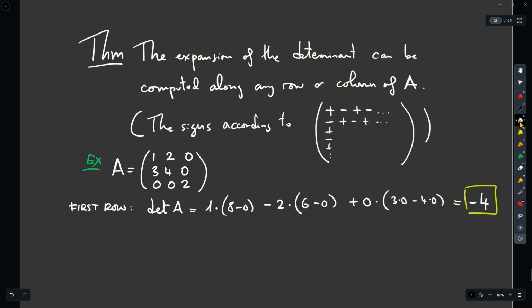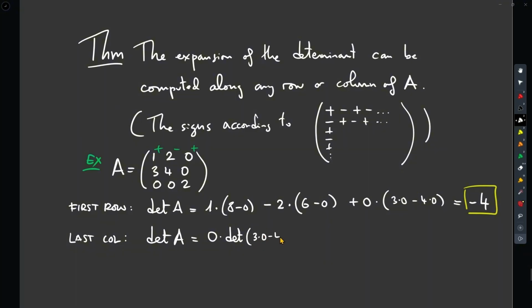So what if I do it along the last column? Along the last column, that is pretty easy. Remember that the signs are plus, minus, plus, so it starts with a plus: 0 times the determinant of 3 times 0 minus 4 times 0, which doesn't matter because it's 0. Then the second entry is minus 0 times a determinant, and it doesn't matter what determinant I get because it's multiplied by 0.